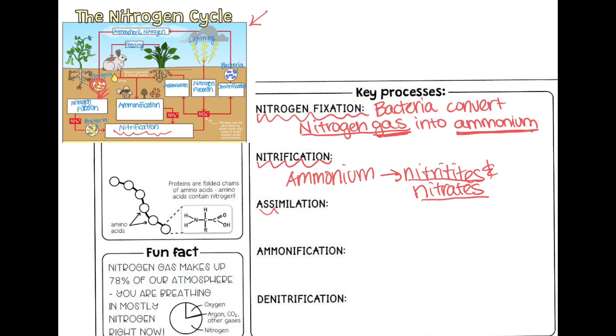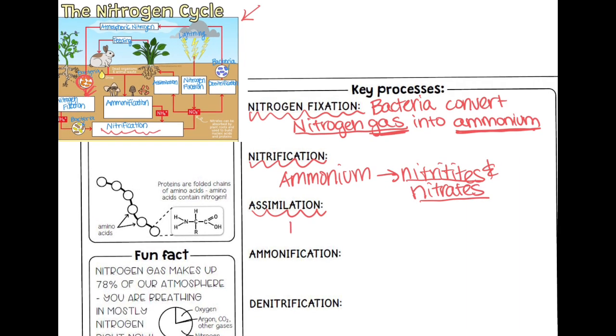Then you have assimilation. And no, we're not talking about Star Trek here. We're talking about more nitrogen being taken into the roots of the plants or other organisms through the soil. So it's being incorporated into an organism.